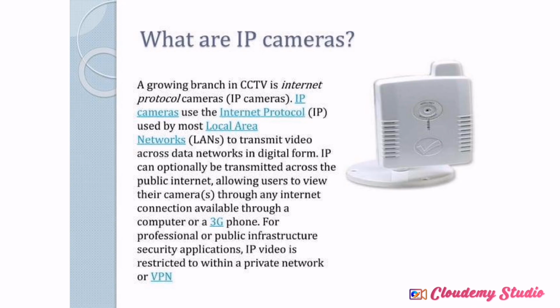So next time when we meet, we look at IP cameras. A growing branch in CCTV is the internet protocol cameras. That's what it means when you hear IP cameras. Okay, so I don't want to disturb you. This is the topic for next day.